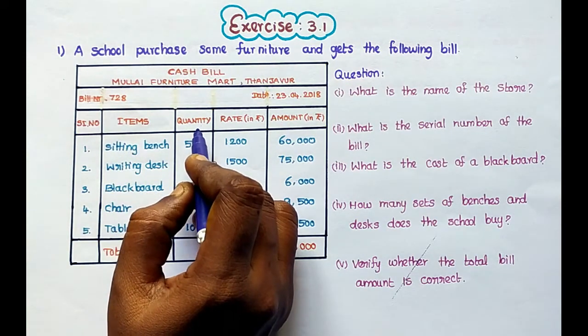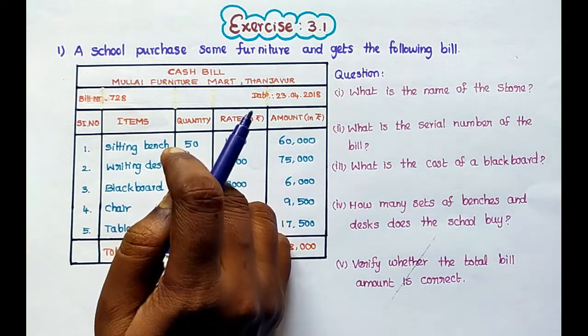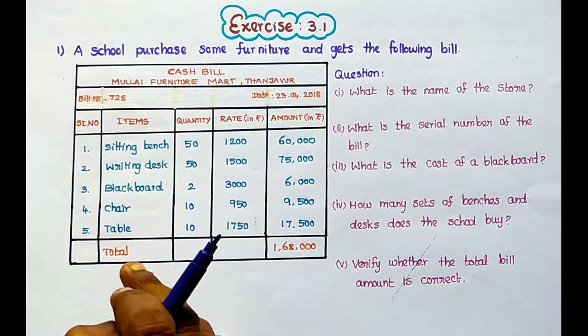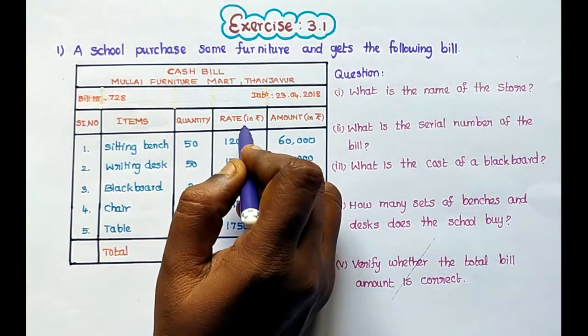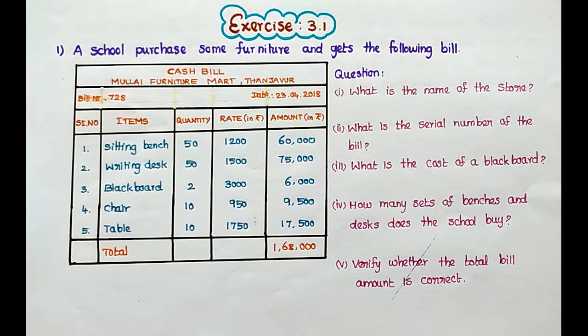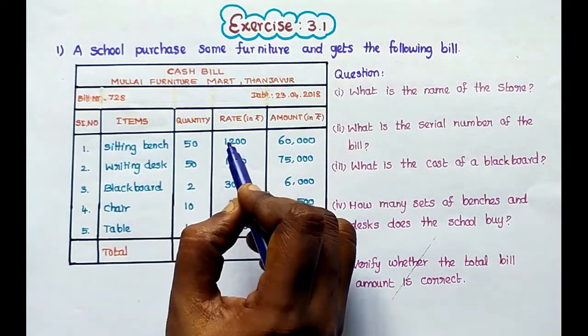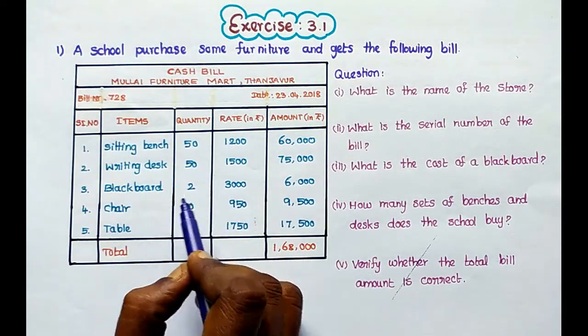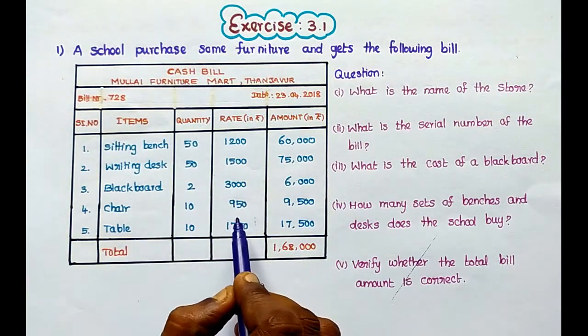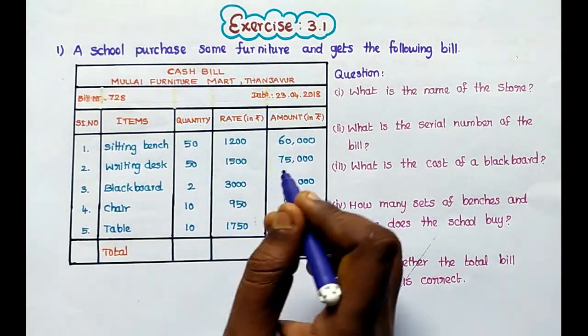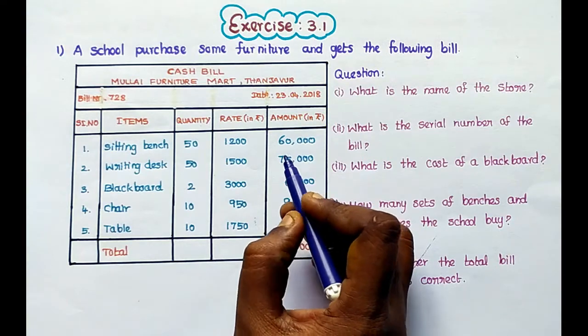Here they have given the item number, item name, quantity: how many benches, desks, blackboards, chairs, tables, and the rate of one bench, one desk, one blackboard, one chair. So they have given the rate of a single item.